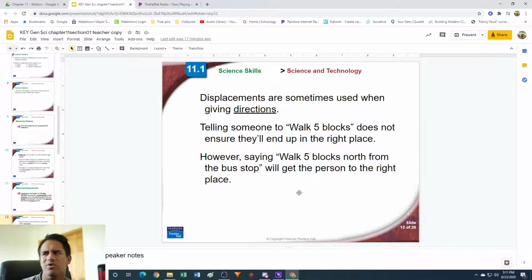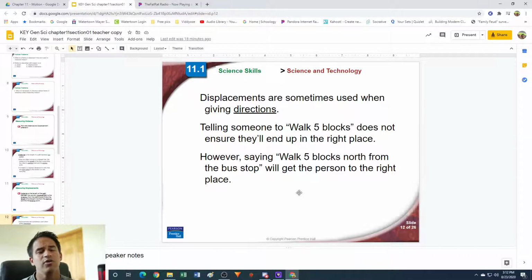You might be like, oh yeah, we have a Subway in town. And they go, oh, cool, well, how do I get there? Just go about 5 blocks. Which way? Right? I could walk 5 blocks that way and not end up at Subway. Or I could walk 5 blocks that way and maybe end up at Subway, but I could walk 5 blocks in any direction. I have no idea if that's going to get me to Subway.